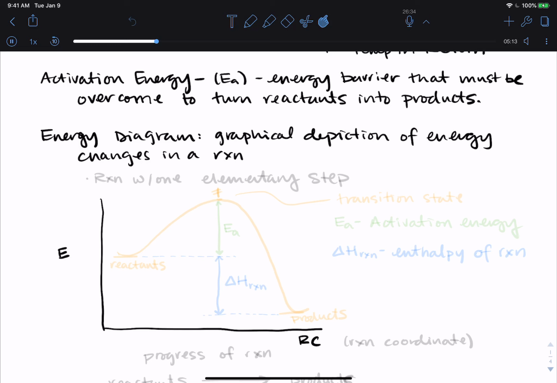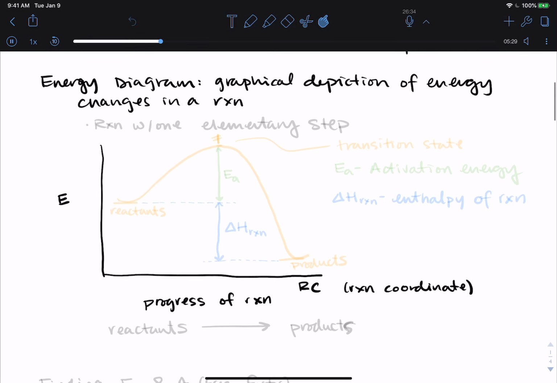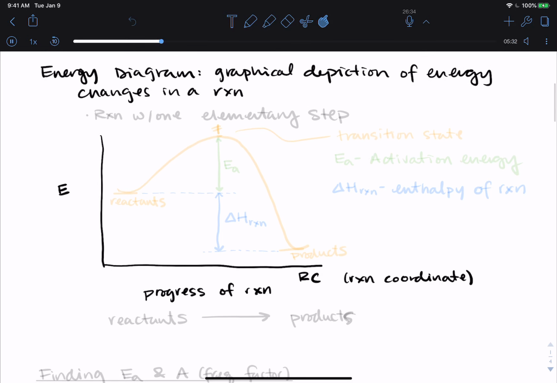So that RC stands for reaction coordinate. Really what this is showing is the progress of the reaction. So that means from left to right, we're going from reactants to products, and the energy change that we plot should match up with that progress.